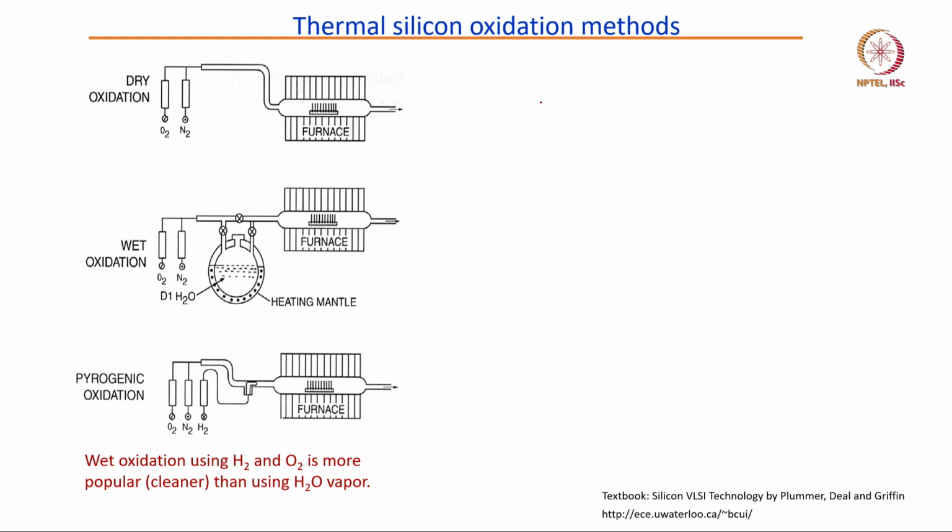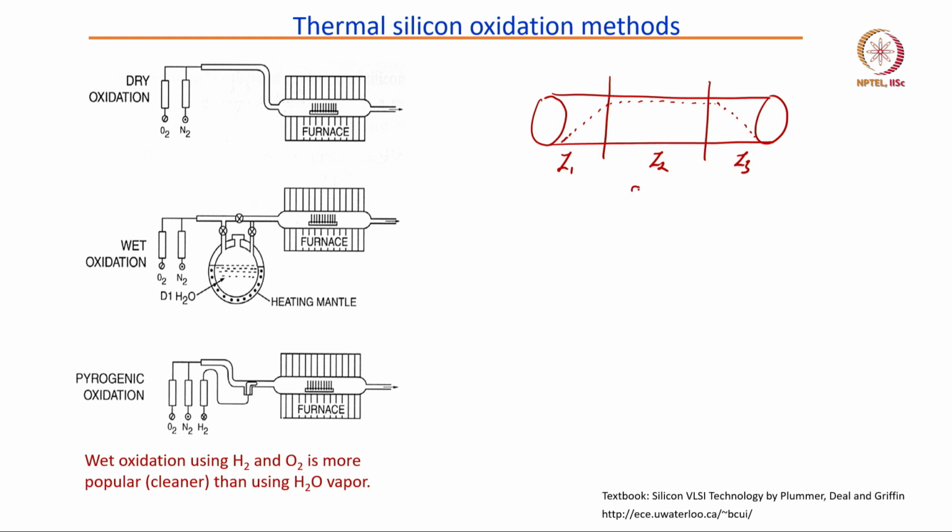So, this is a furnace. In all cases there are furnaces, right. Here is a furnace, here also and here also, all the techniques. This furnace has 3 zones: zone 1, zone 2 and zone 3.